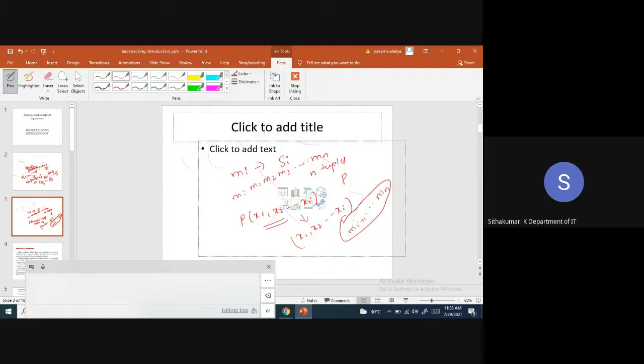And most of the problems that we solve using backtracking require that all the solutions satisfy a complex set of constraints. So what are those constraints? There are two categories: implicit constraints and explicit constraints. What are explicit constraints?